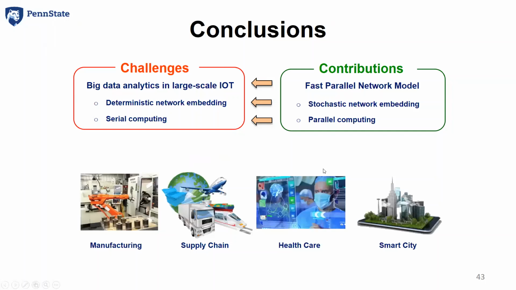Traditionally, we have deterministic network modeling and serial computing, but they cannot handle large-scale IoT. So what we did, our contribution, is we developed fast parallel network modeling, stochastic network algorithms and parallel computing algorithms. And at this moment, we are also exploring healthcare case studies and supply chain and manufacturing. We have one more paper coming on fast parallel network modeling in healthcare.